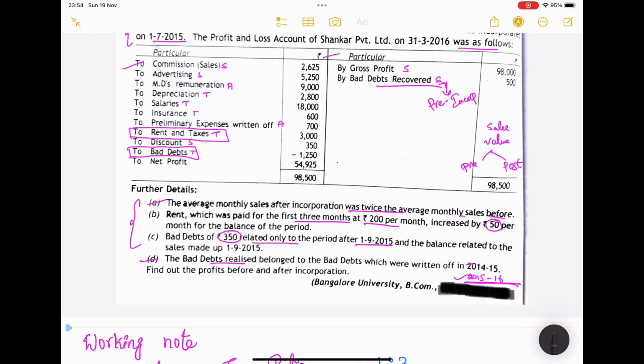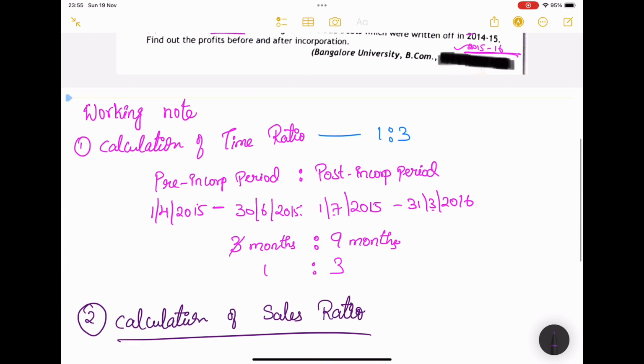Average monthly sales after incorporation, post incorporation, was twice the average monthly sales before, which means post incorporation sales is twice, means double, the pre incorporation. So I'm going to assume, I'll write an assumption.